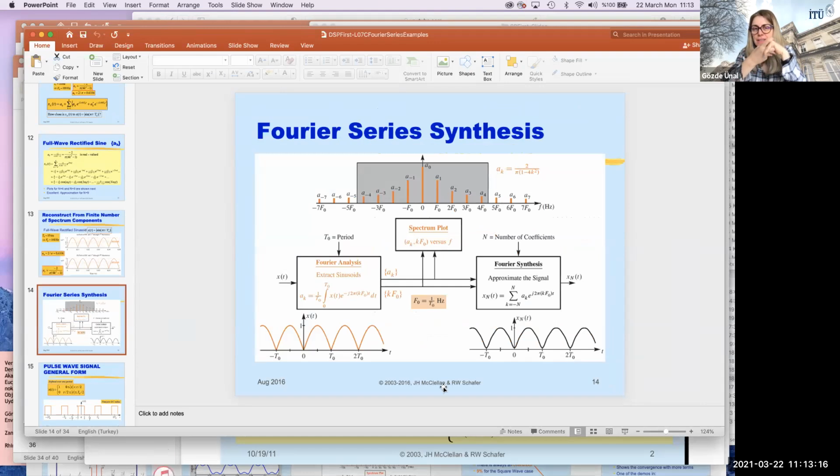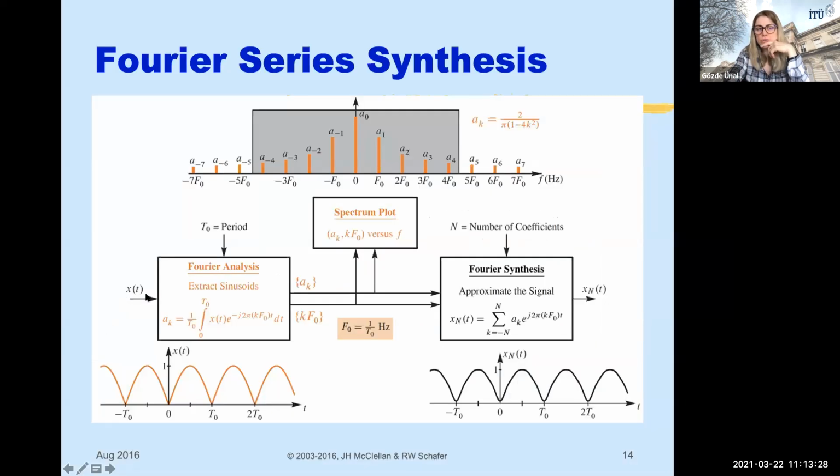So guys, in a way, this is a summary of what we've done. We take a signal x of t. We do a Fourier analysis, meaning we extract these harmonically related sinusoids, right? Through our Fourier analysis integral, the AKs are calculated. Let's say this x of t was the full rectified sine wave. You have to define your k f0, little f0 from the fundamental period.